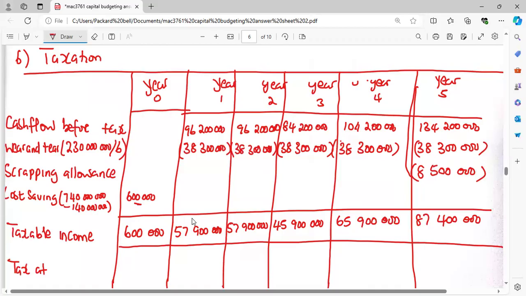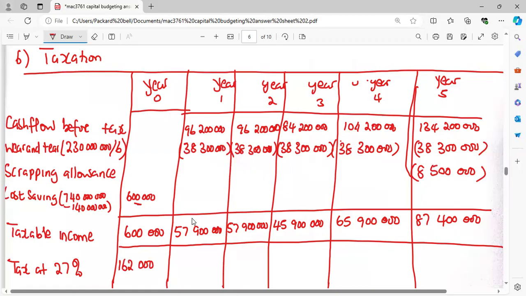Our tax rate is 27%. So we just multiply everyone by 27%. Here we're going to have 162,000.